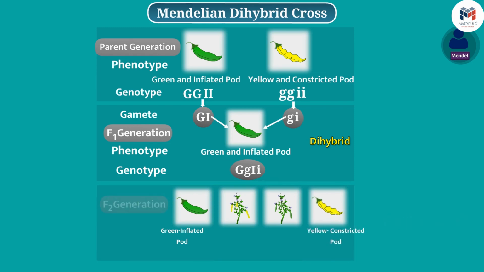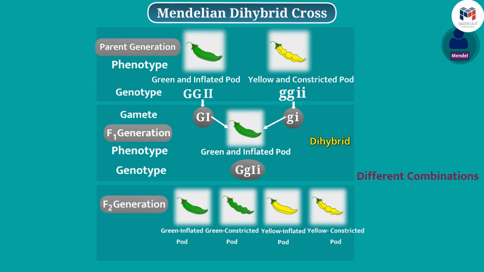But in F2 generation, 4 types of pods were produced. The F2 generation had different combinations of color and shape, from which 2 combinations were same as that of parents, and 2 combinations were new. All these pods were in the ratio of 9:3:3:1. This ratio is called dihybrid ratio.